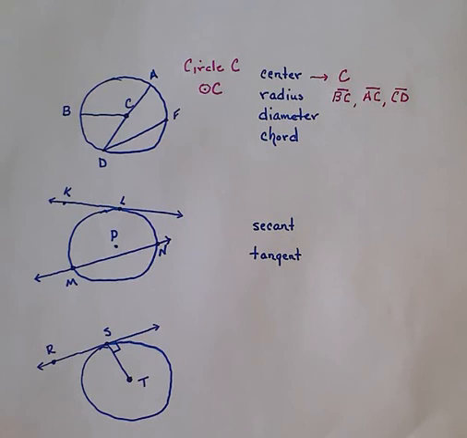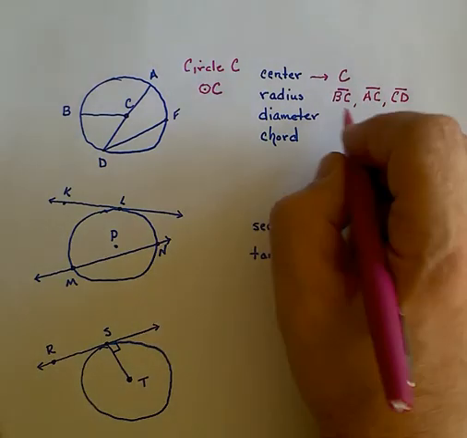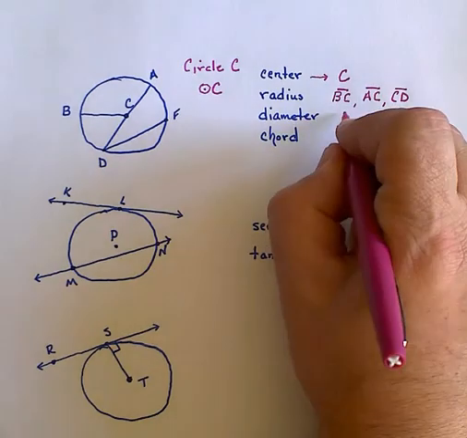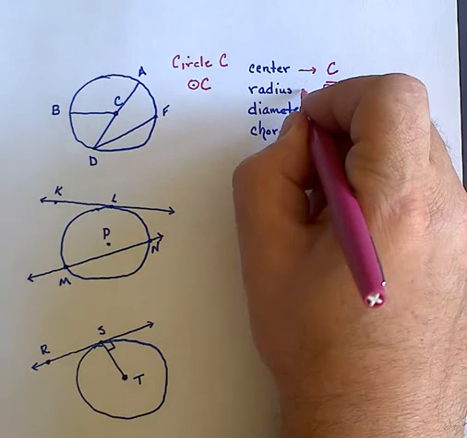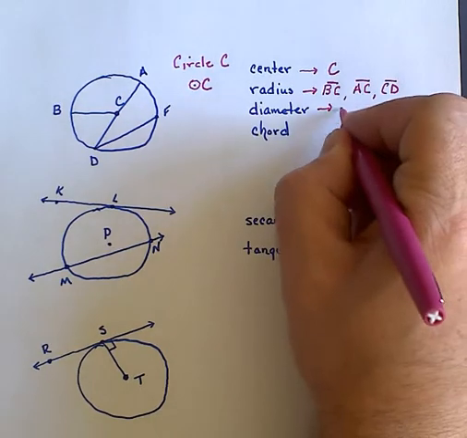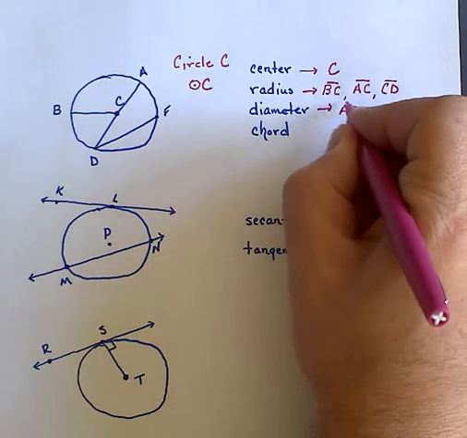They'll ask you to do a little bit of that as well. So in this case, I have the diameter that I would call AD. And again, note the symbol.